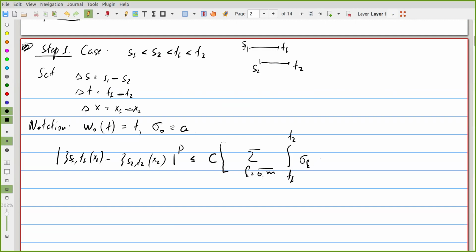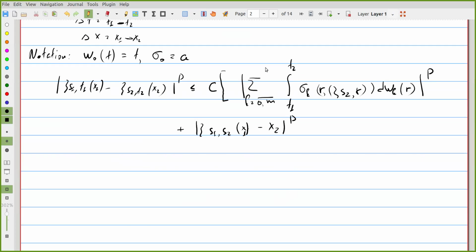Sigma k r psi s2, this is part, s2 r dwk r, to the power p, plus other, and x1 minus x2 to the power p, this part.